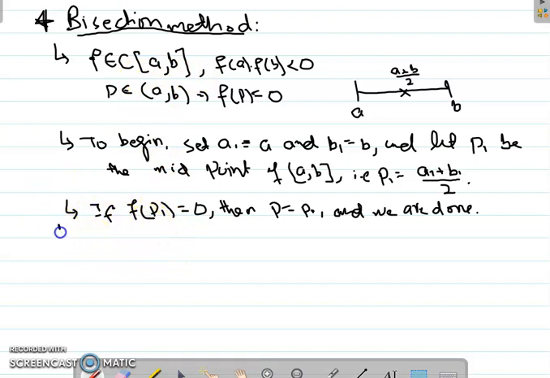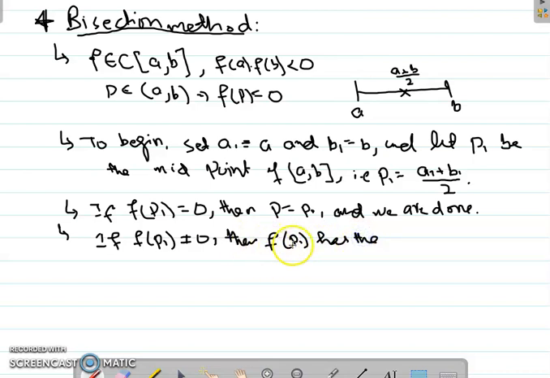If this is not the case, if f of p1 is not equal to 0, then how do we proceed? It means that f of p1 has the same sign as either f of a or f of b.